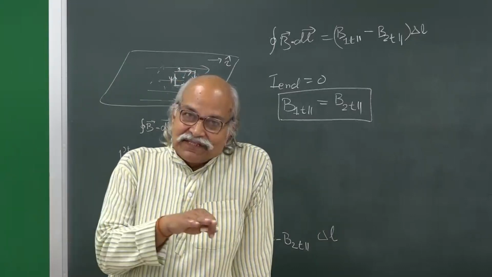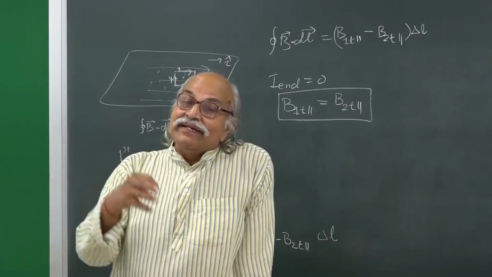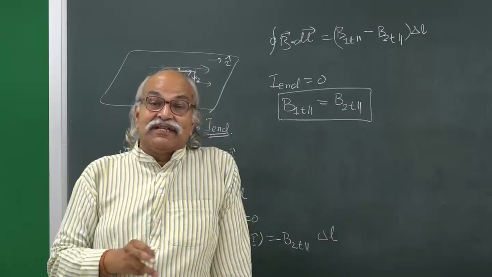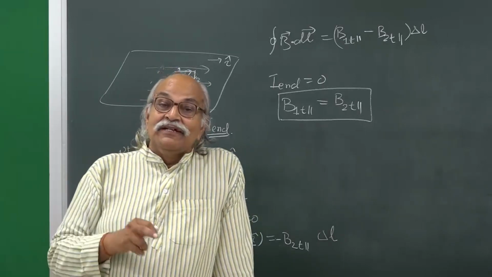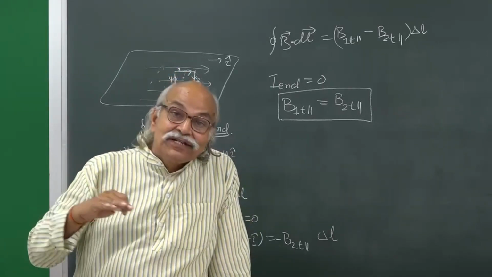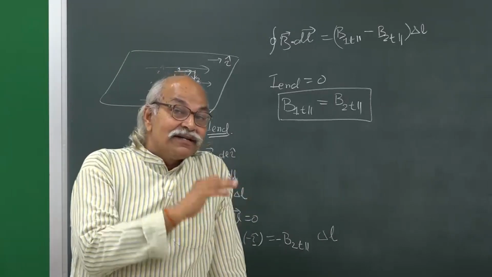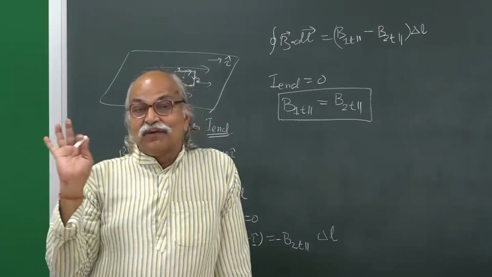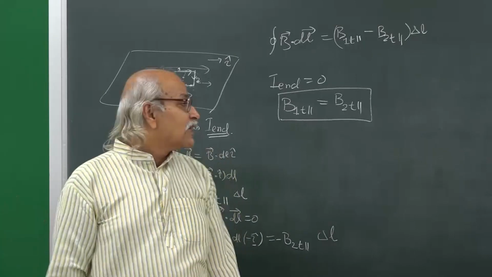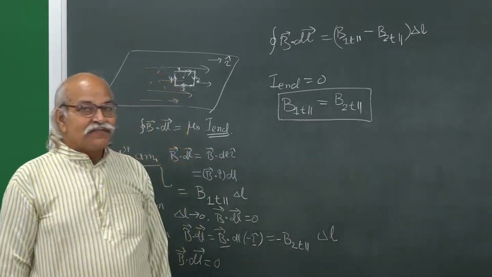Tangential to that surface, and since there are many tangents, we have to specify which tangent. Therefore, we are saying tangent in the direction of current. So, that component will be continuous, that component will not change. So, that is our another boundary condition.